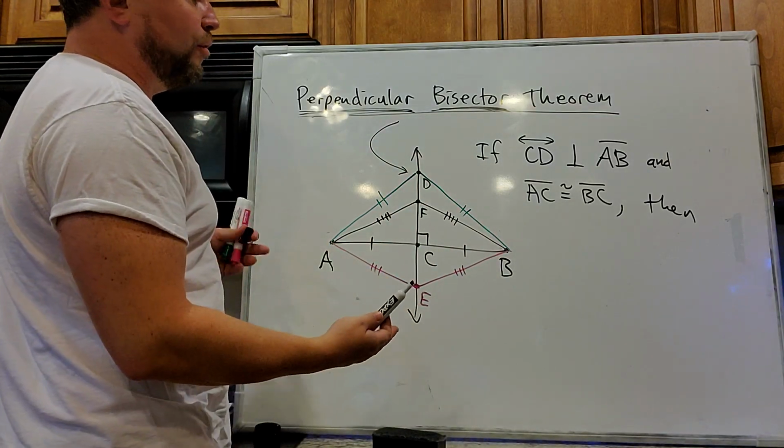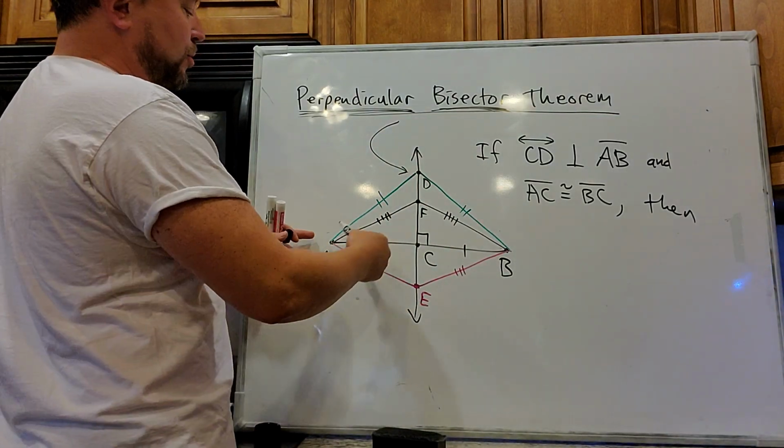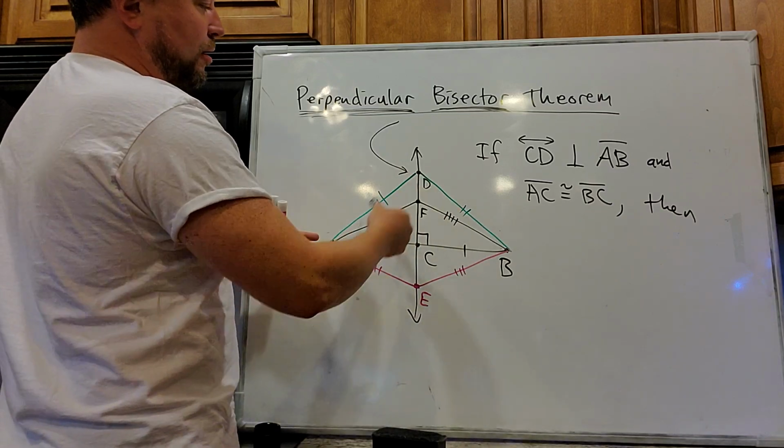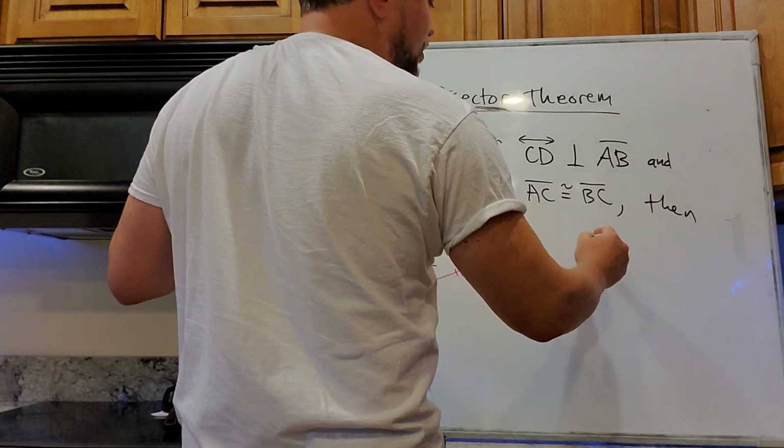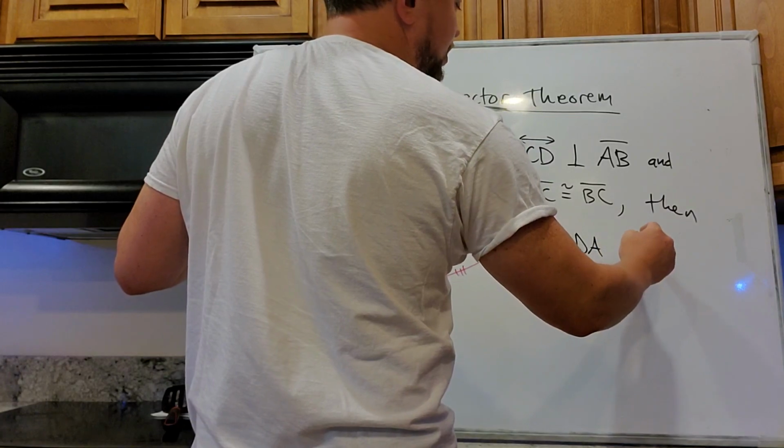I'm just going to pick one of them out here, like for example, DA and DB. So then DA was congruent to DB.